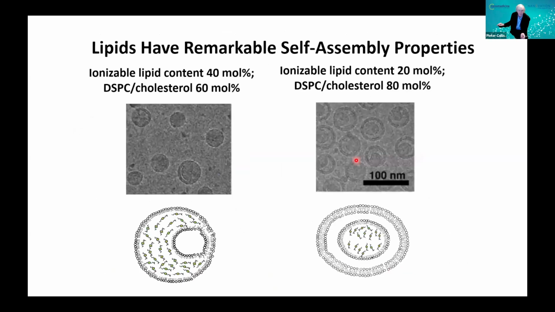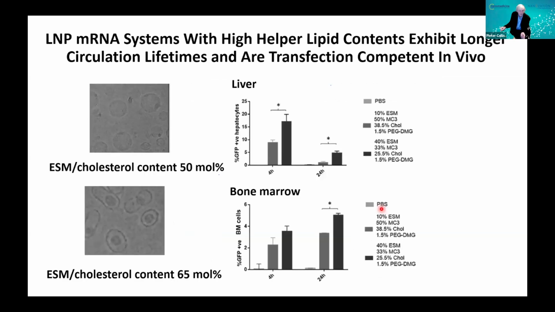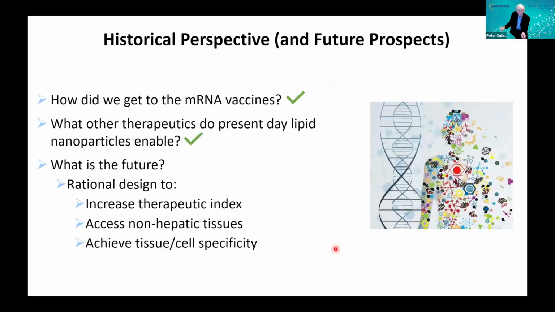And what we found is that if we have higher contents of these bilayer forming lipids, such as DSPC and cholesterol, we can form these liposome-like structures with the mRNA and the ionizable lipids on the inside in the form of lipid droplets. And these systems have longer circulation lifetimes, and you can see the kind of morphology. Because of their longer circulation lifetimes, they can start to transfect tissues such as bone marrow much more effectively. And I think Dom will explain this further.